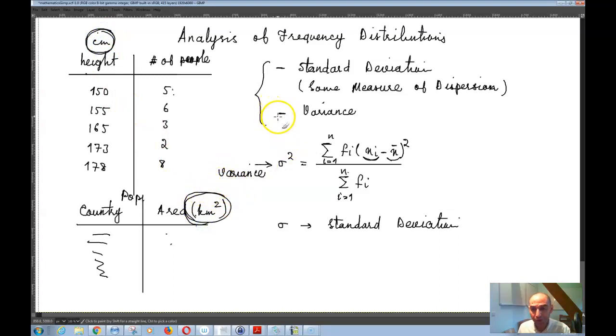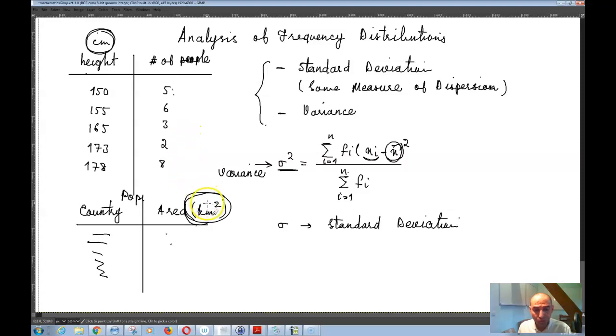And of course you know that variance, or sigma squared, is some measure of dispersion of data, meaning that you want to calculate how your data is scattered all around the mean of your data, right?